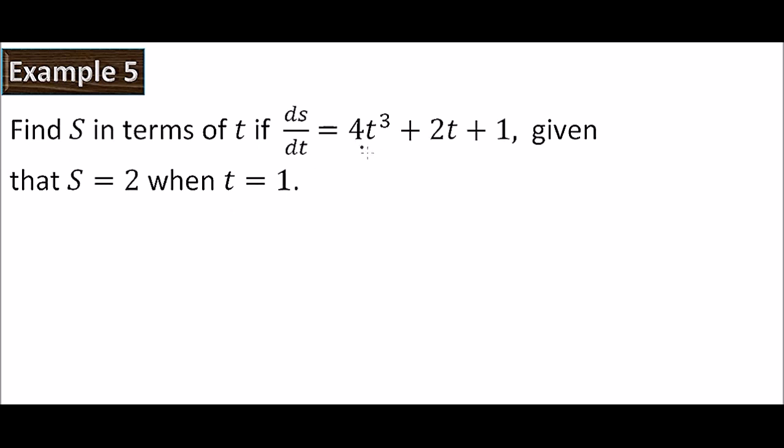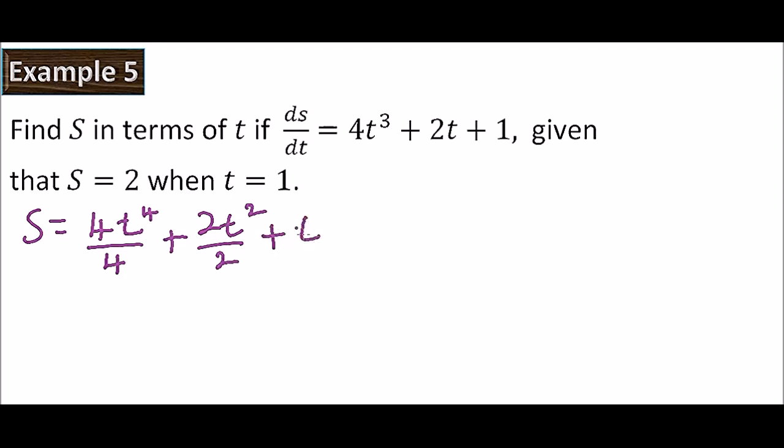So we integrate this, so that s in terms of t is equal to 4t to power 4 divided by the new index 4, plus 2t squared over 2 plus t plus c. So that is the integration of this gradient function.